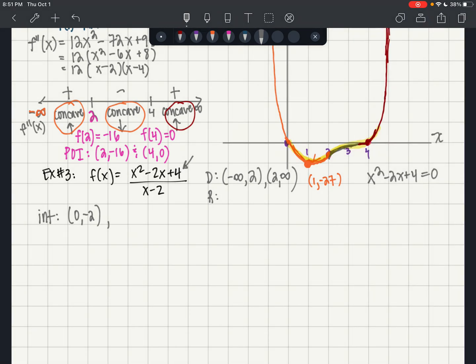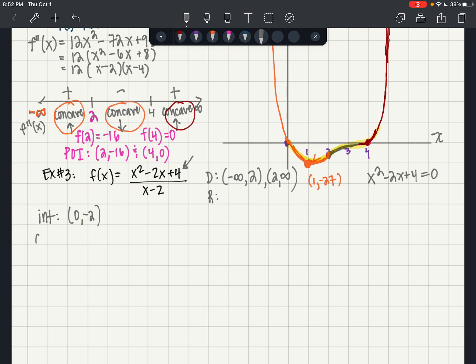So b squared would be 4 minus 4 times 1 times 4, which is definitely a negative number. So that would generate imaginary numbers. Imaginary numbers can be imaginary roots or imaginary zeros or even imaginary solutions, but you cannot have imaginary intercepts. So I'm going to take this comma away because the only intercept is the y-intercept.